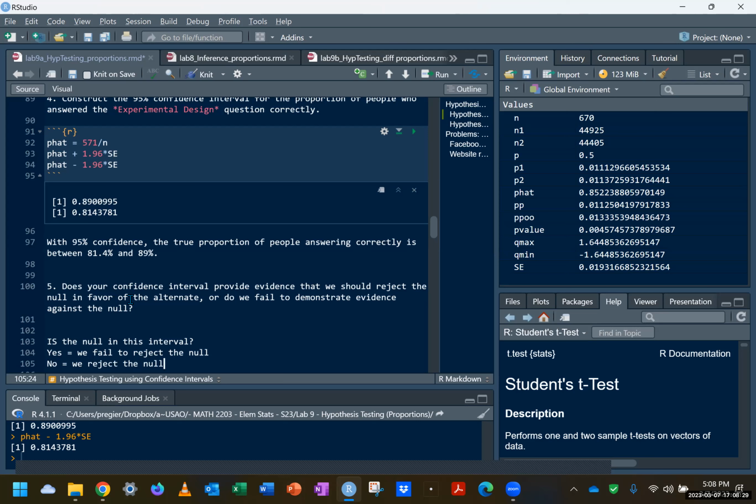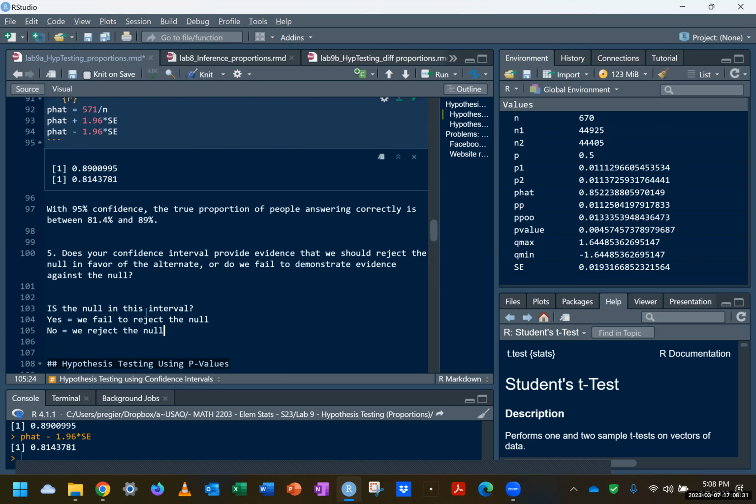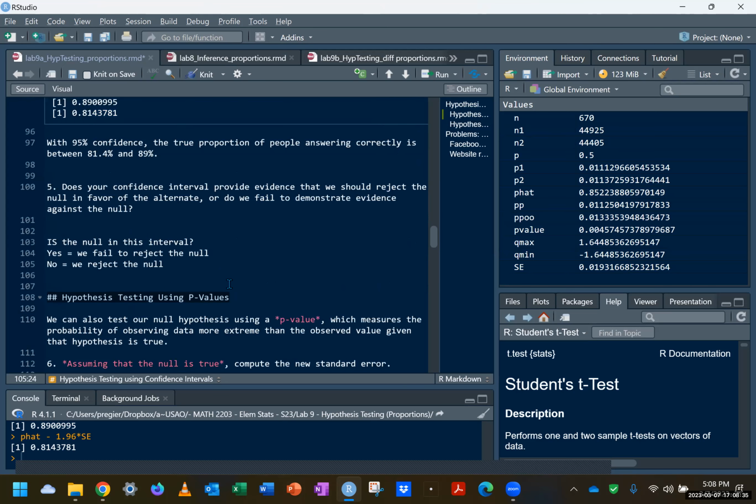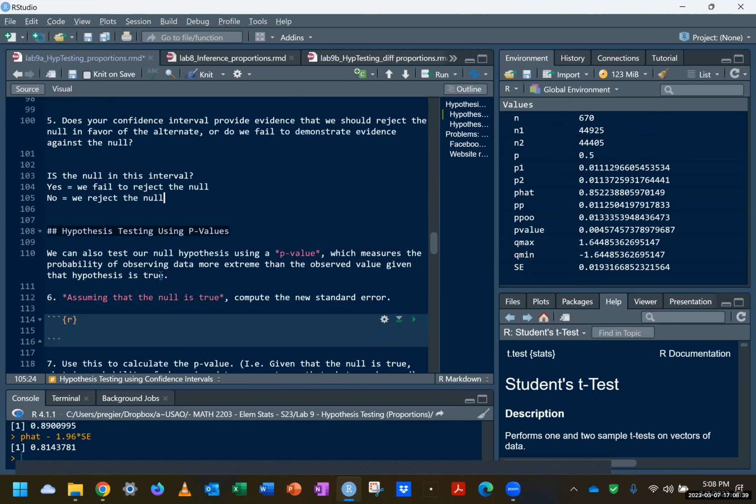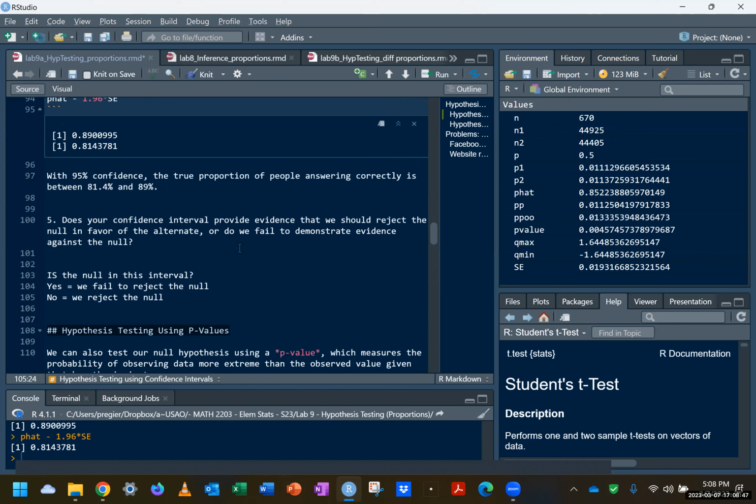Okay, so in this case, I'll let you determine what we're going to do. Is our null value 0.5 in there? And then you can answer that. Okay, so that's the first step. The first step of answering all these questions is using a confidence interval.